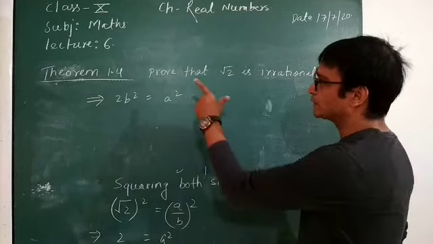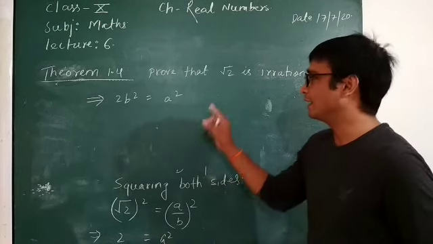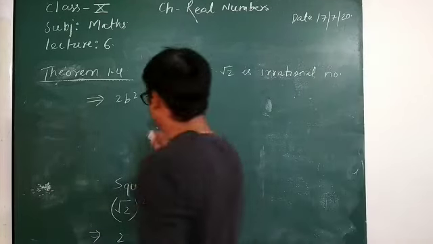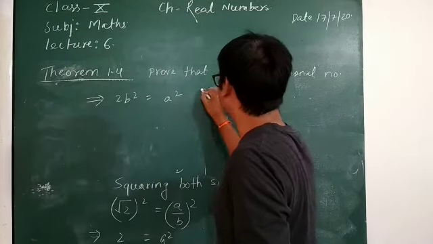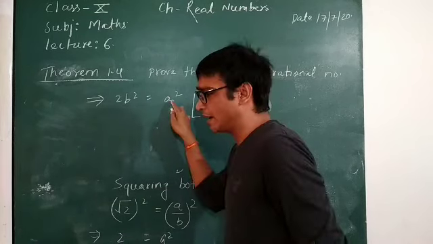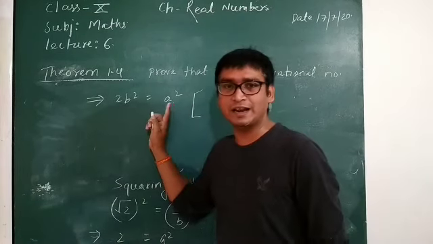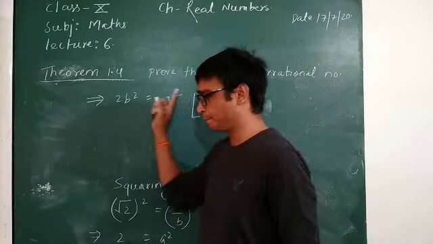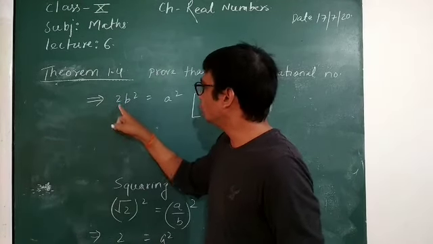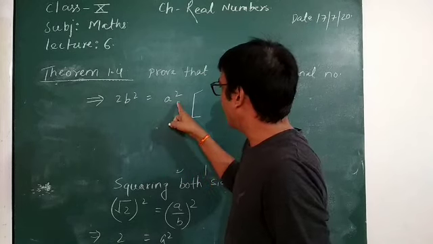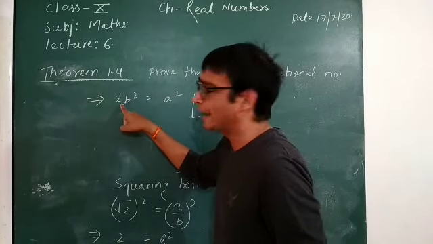Now we will use theorem 1.3 over here. It means that since 2b square is equal to a square, a square is divisible by 2.